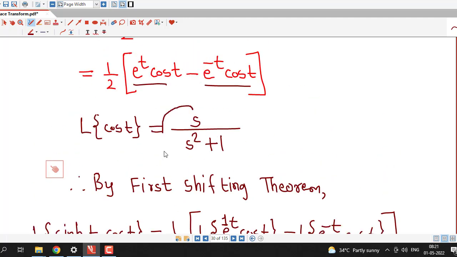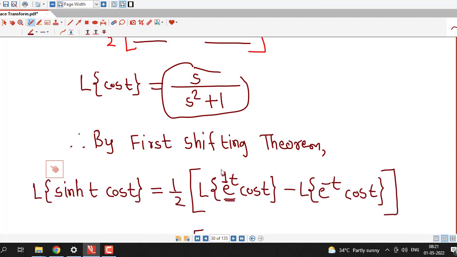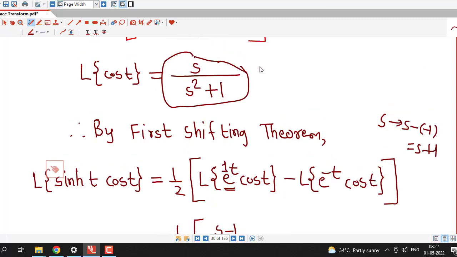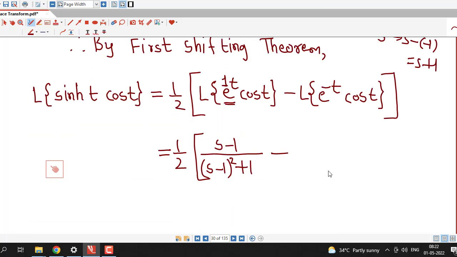In this Laplace transform, we have replaced s by s minus 1. For second part, coefficient of t is minus 1, so we have to replace s by s minus minus 1, that is s plus 1. So here in this function we have to replace s by s plus 1 for this Laplace transform of e raised to minus t cos t. So this is s plus 1 square plus 1.